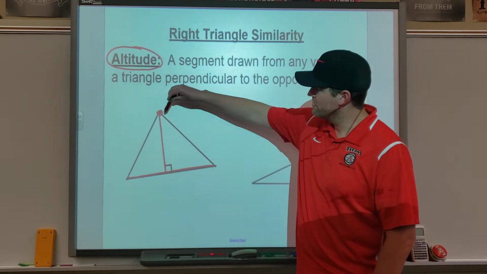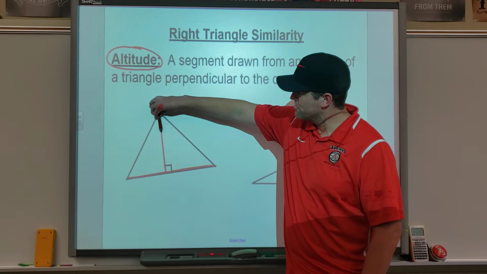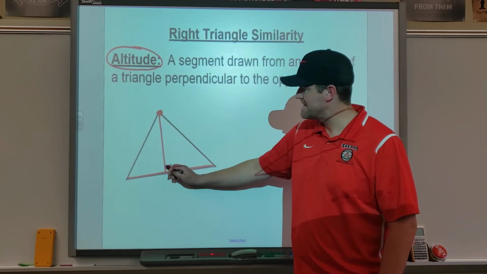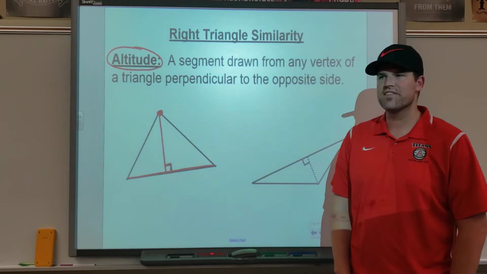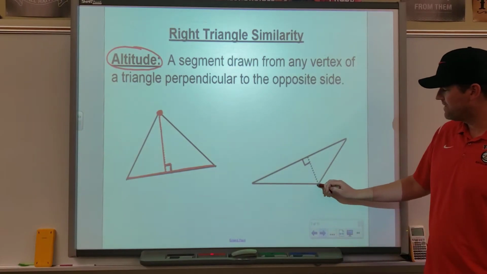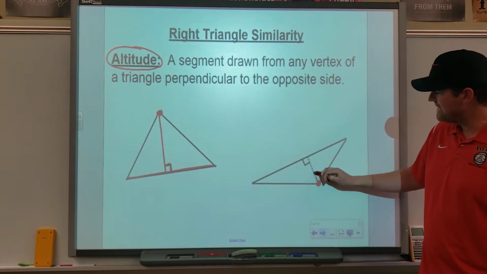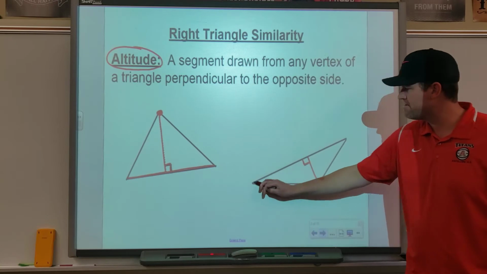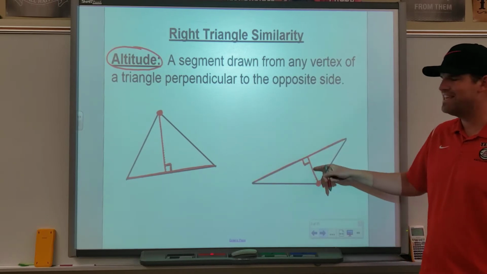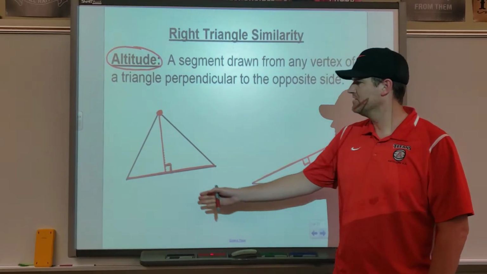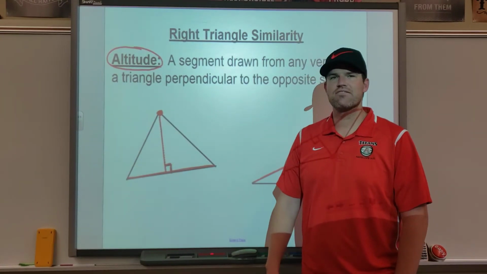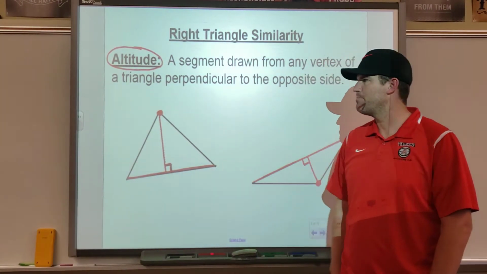So basically, you're going to this vertex, and you're making sure that the line you draw forms 90 degrees with the side across. So if I go here, if I go 90 degrees to the side across, those are both called the altitude. So altitude, 90 degrees, goes from one vertex to the opposite side.